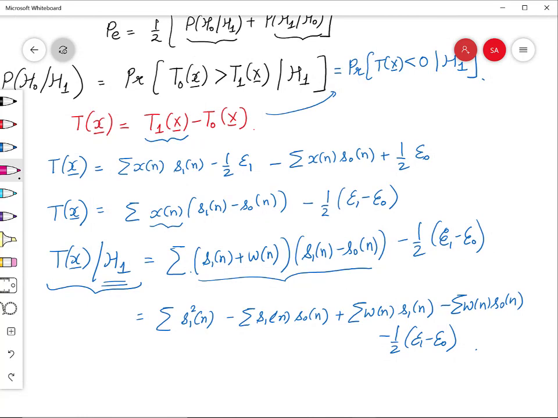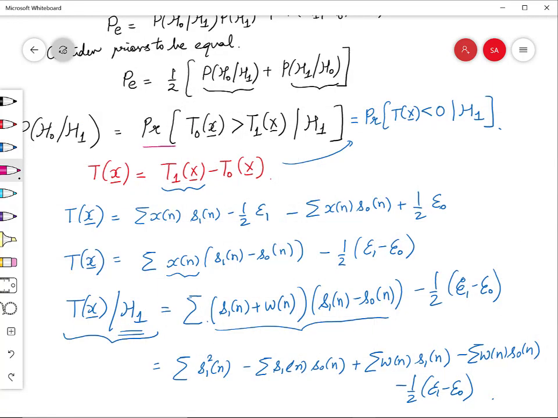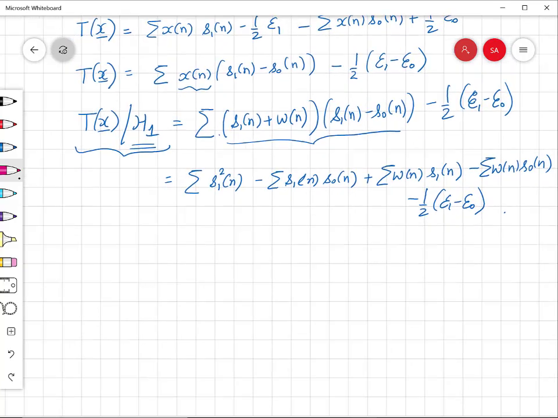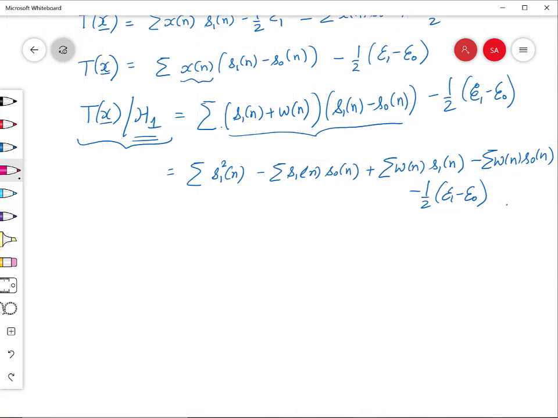Now coming back, we want the probability of T of x less than 0. To get that, we want the distribution of T of x. So what will be the distribution of T of x given H1?